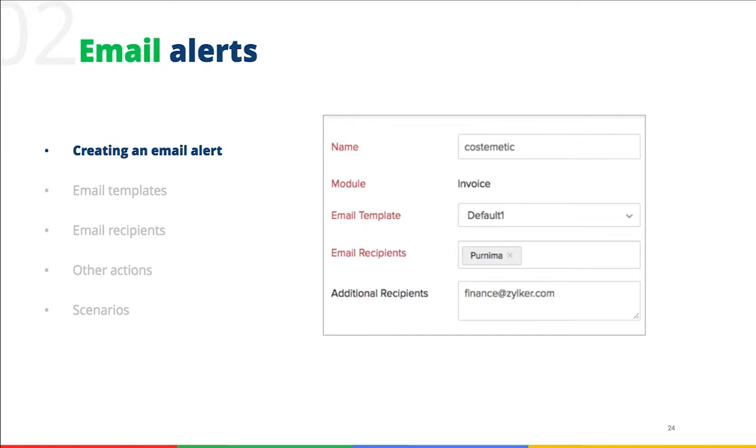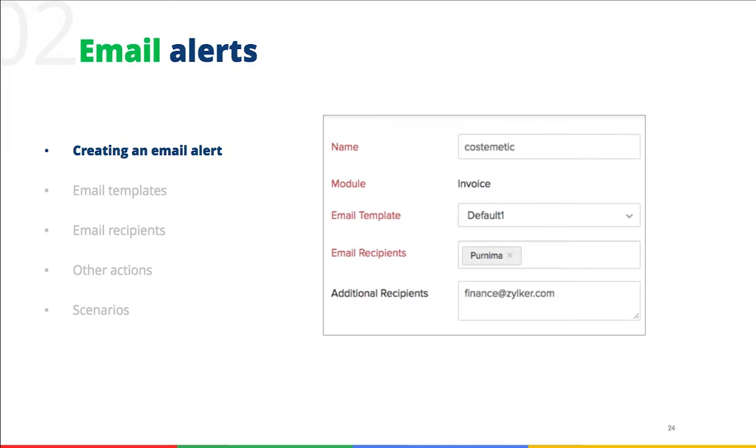Let's say there's a customer of yours who has suddenly moved to a different state within the country, and he has changed his shipping address, but the delivery team in your company has no idea about this change. So what do you do? You can set up a specific workflow through which an email is sent to your delivery team whenever a customer changes his billing or shipping address. So that's the most useful and effective use case for an email alert.